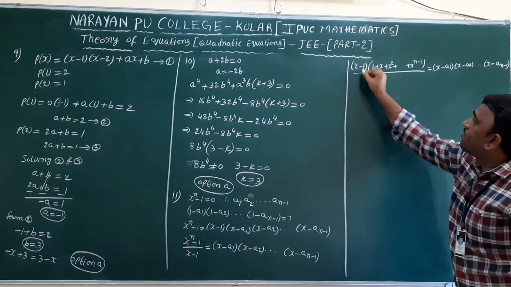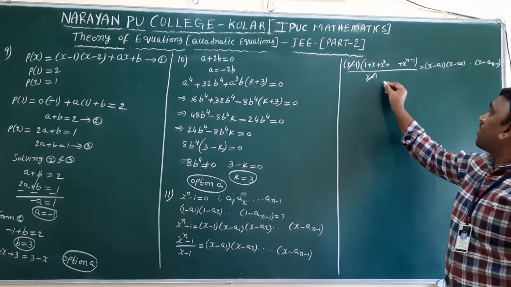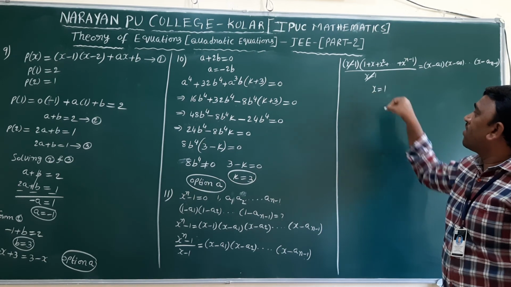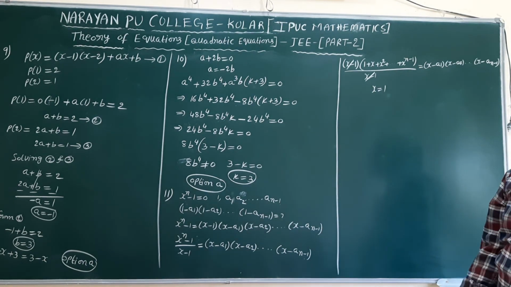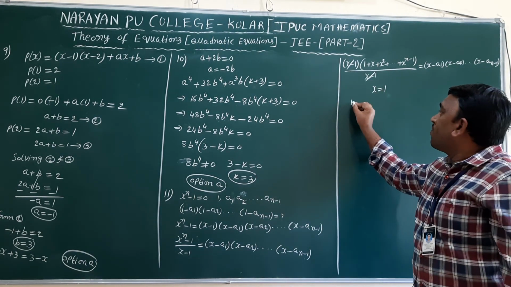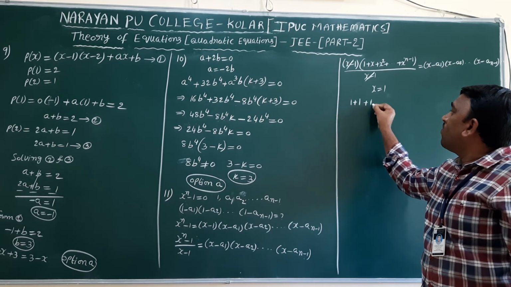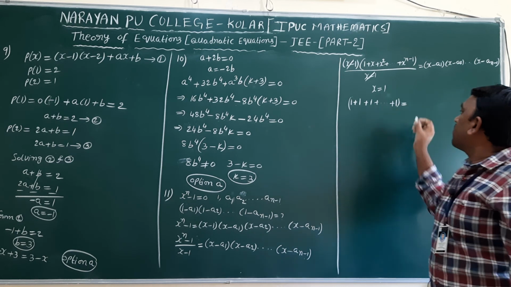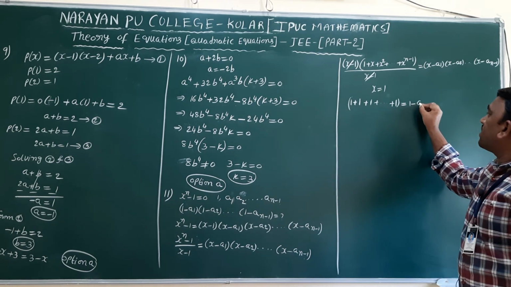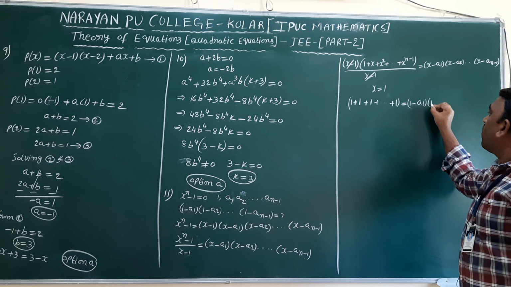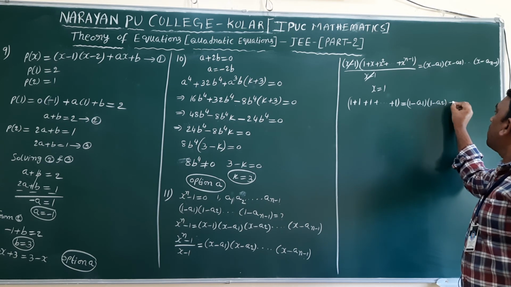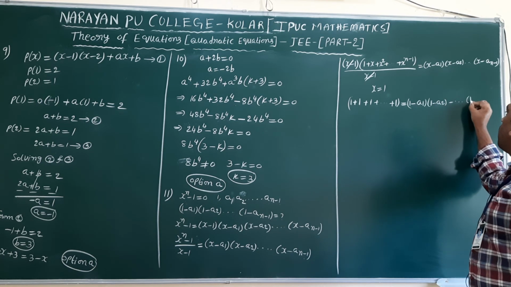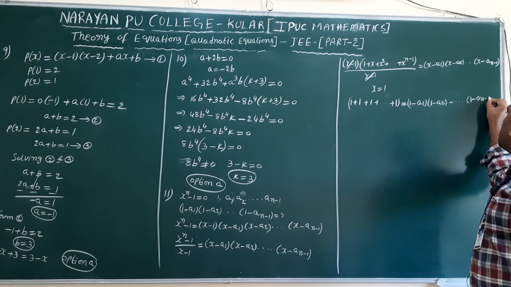Now x minus 1 cancelled. Put x equal to 1 on both sides, substituting x value 1: 1 plus 1 plus 1 and so on, 1 is equal to 1 minus a1, 1 minus a2 and so on, 1 minus an minus 1.